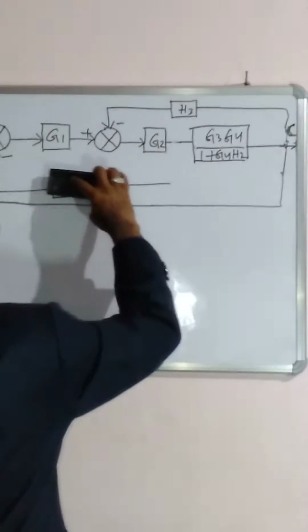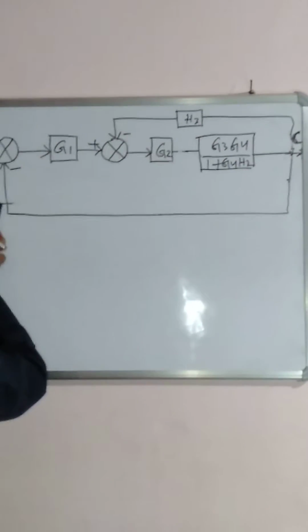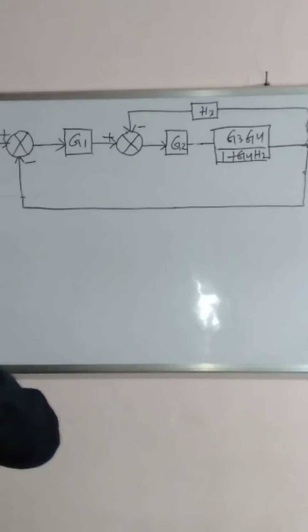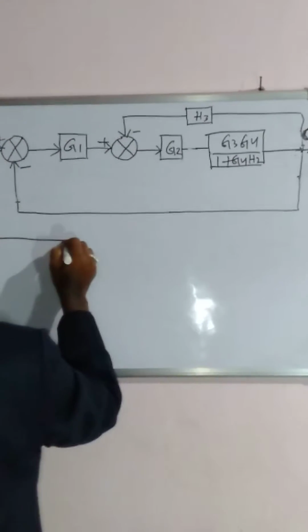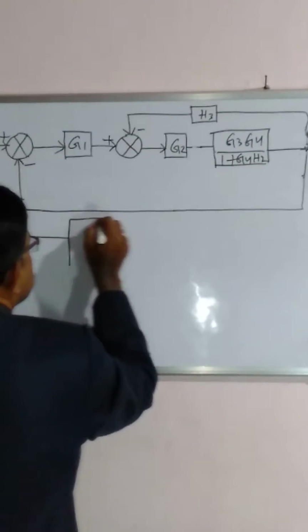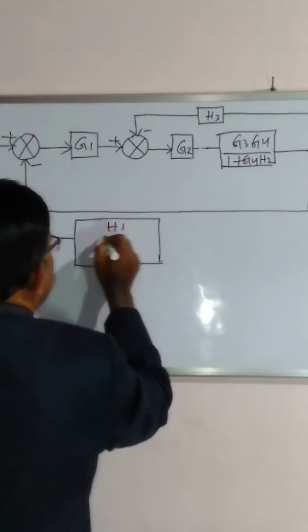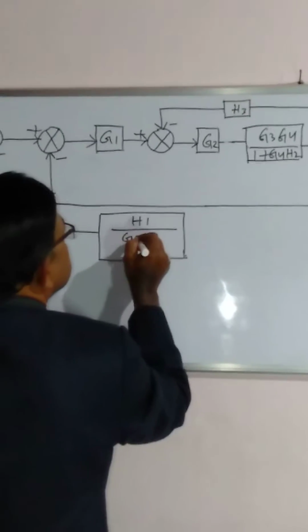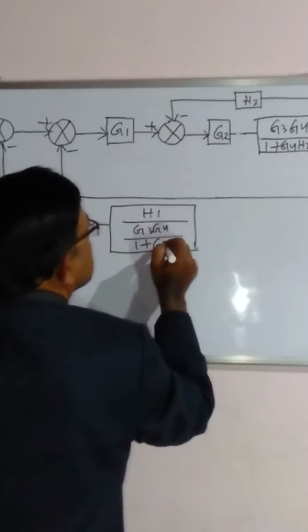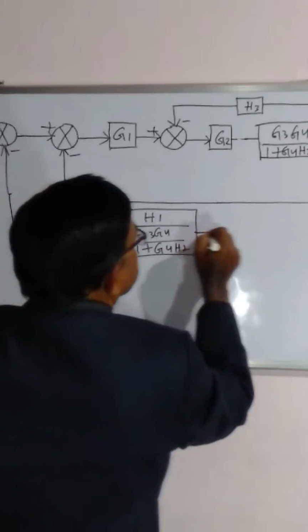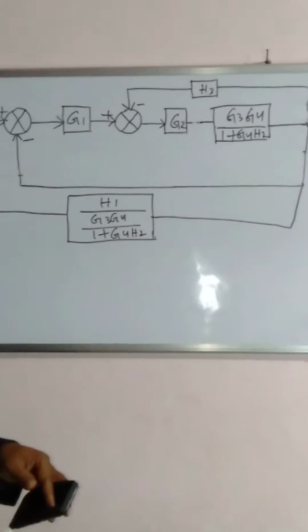Therefore, this now becomes H1 divided by G3 G4 by 1 plus G4 H2.